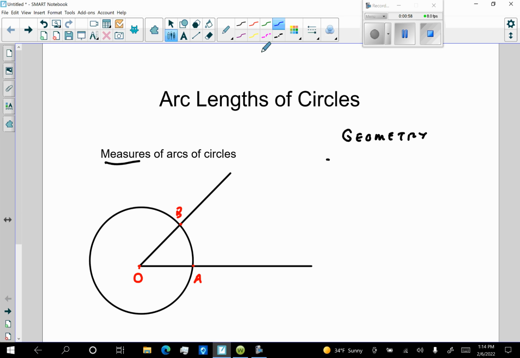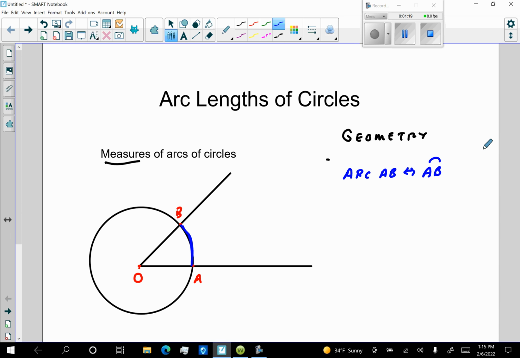And here we can talk about this arc right here. This arc AB, and we denote arc AB with an arc symbol over AB. This is the geometric way we write arc AB, and it is a minor arc.